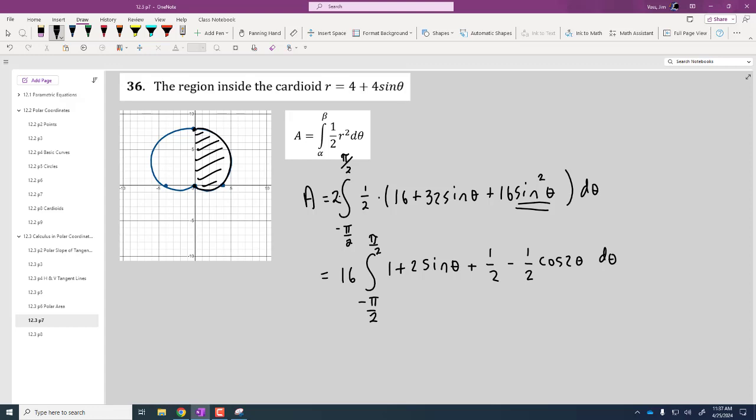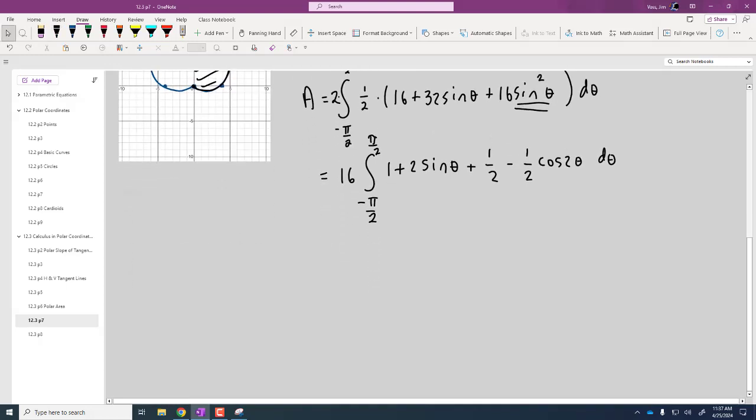That's the power reduction identity. And if it was a cosine squared, we'd add instead of subtract. So that is the power reduction identity from week 1. So long ago. Now we can integrate because we don't have any powers in there.